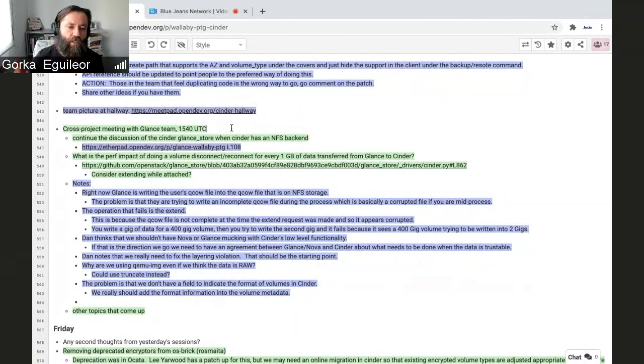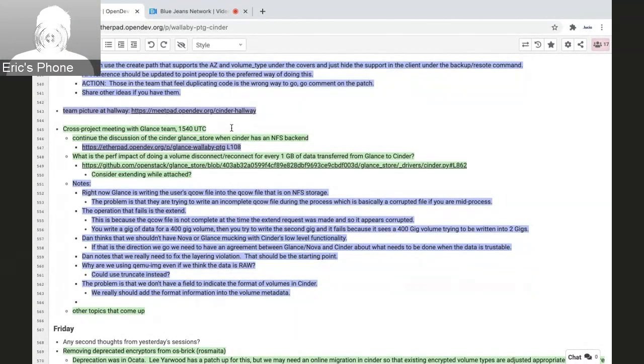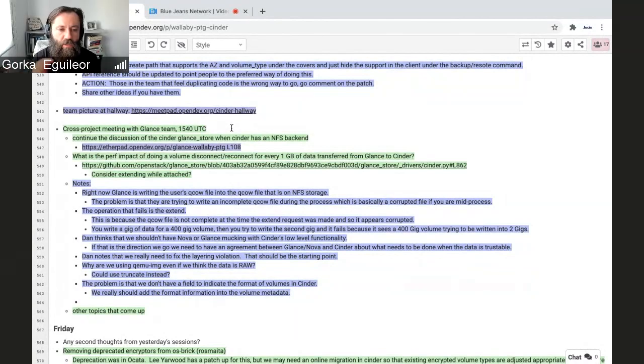Maybe. So only in the situation where Glance is using Cinder as a data store and Cinder NFS is writing to QCOW2 files instead of raw files. Only in that scenario would we do the double.